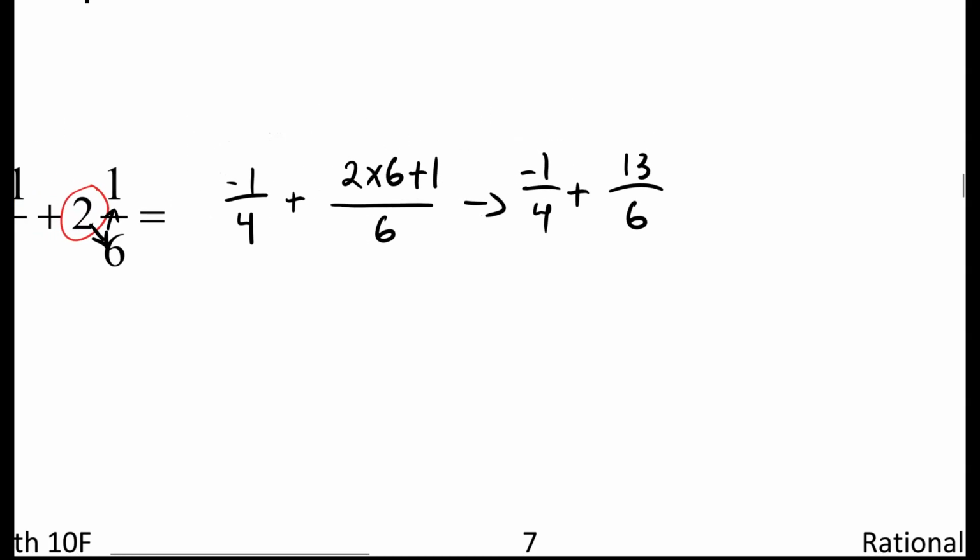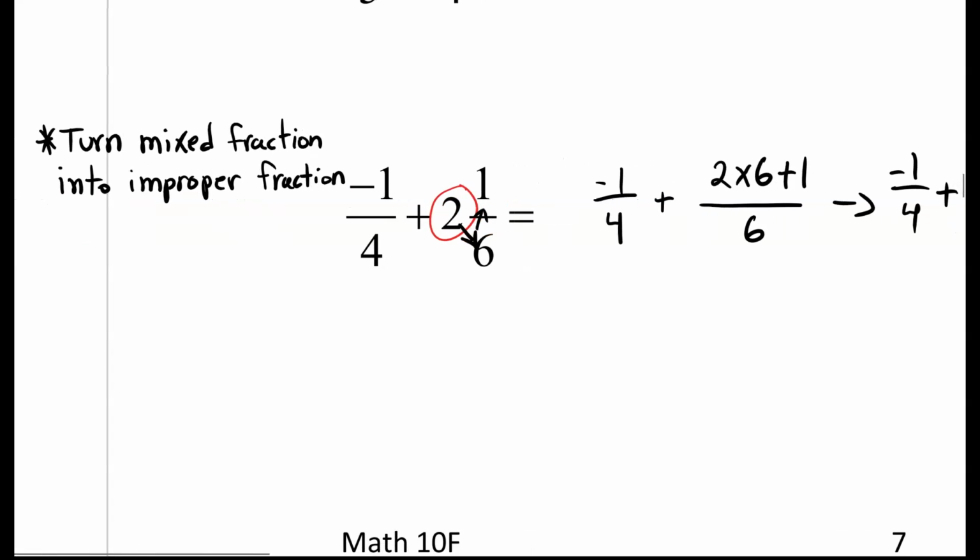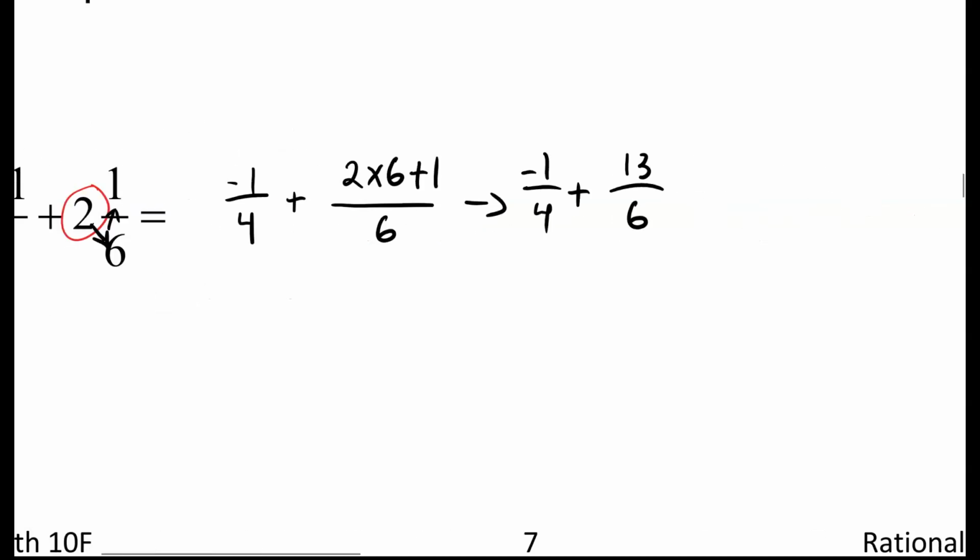Now, if we took 4 times 6, we would get 24, and if we took 6 times 4, we could get 24, but there's a lower common denominator that we can look for. If we think about 4, it goes into 8 and 12. Well, 6 also goes into 12. So our lowest common denominator, which is our LCD, equals 12.